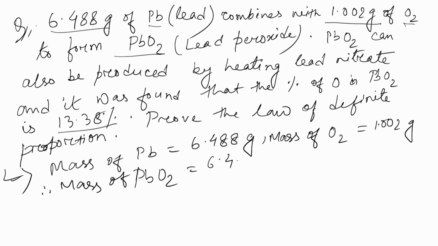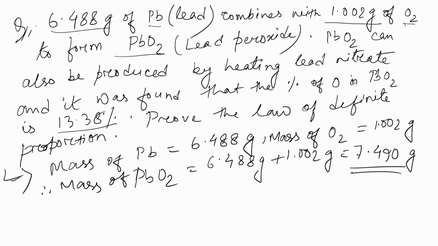So, 6.488 grams plus 1.002 grams. So, this comes as 7.490 grams. Okay. This is done by the law of conservation of mass, that is the mass of the product is equal to the total mass of the reactants. So, 7.490 grams is the mass of PbO2.